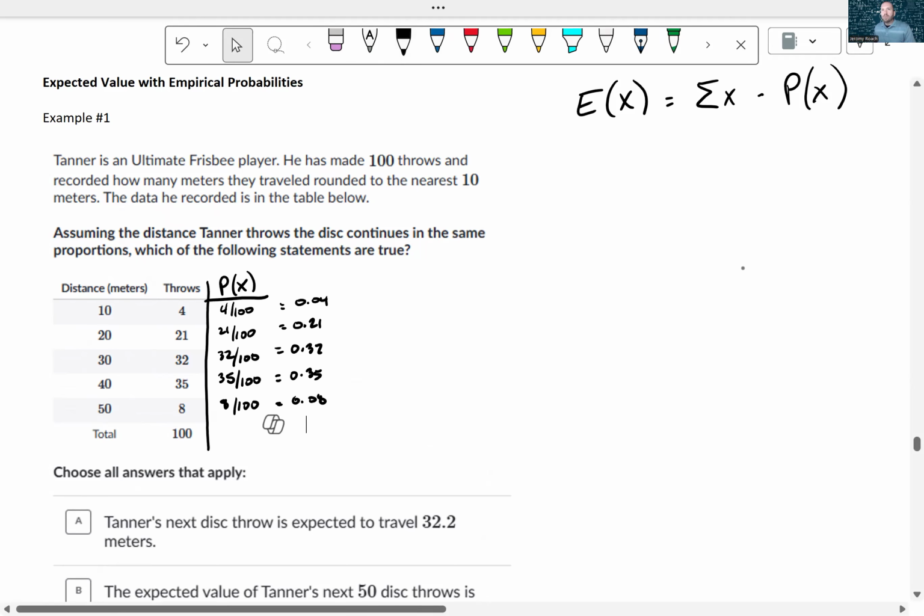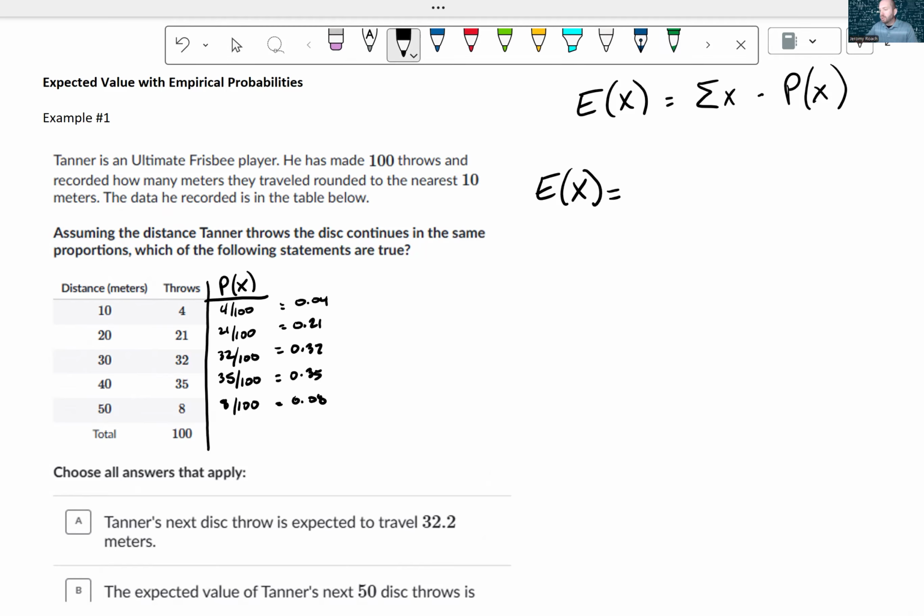Okay, so now we're going to calculate the expected value because the first choice that we have is his next disc throw is expected to travel 32.2 meters. So if we calculate the expected value, this is telling us the expected value of one throw. So let's do that.